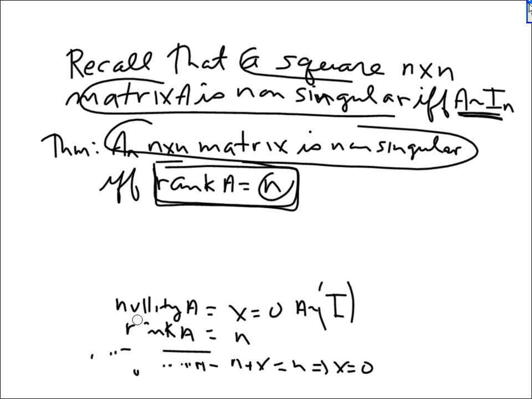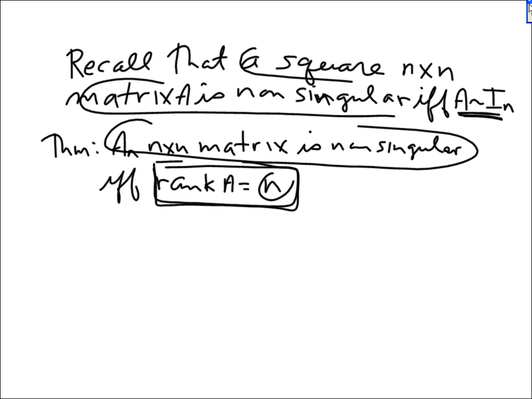Right? I pretty much gave the proof, at least the concept of the proof. You want to show that if the rank of A is n for an n by n matrix, then A is row equivalent to the identity.